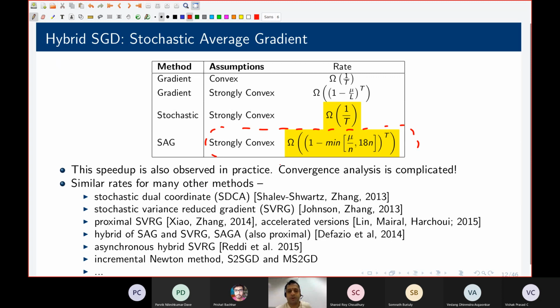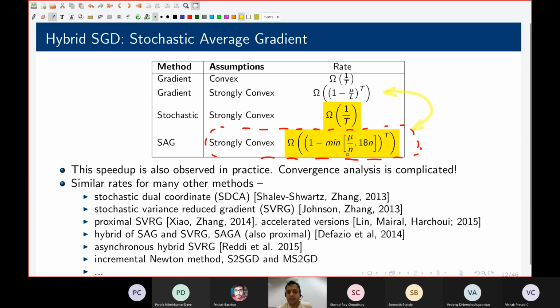Now we have something interesting. Remember, for gradient descent for strong convexity, we had this, which we were trying to match up. While you had big-O of (1 minus mu by L) whole raised to t, here you have (1 minus min of mu by L, comma, 1 by 8n), some 8n factor comes in.